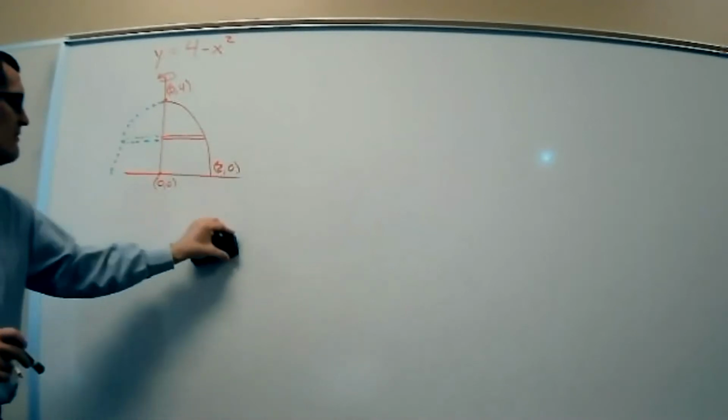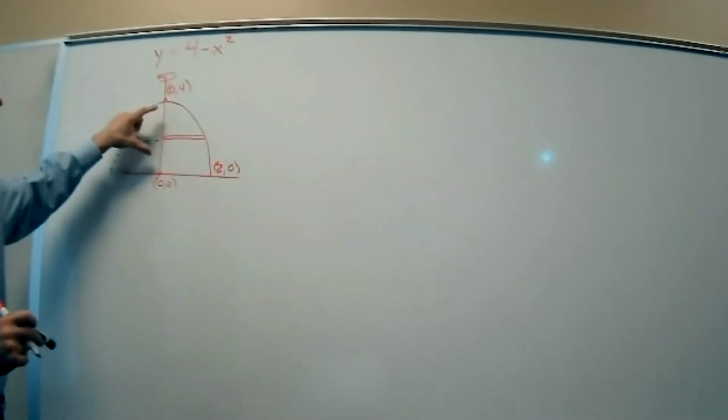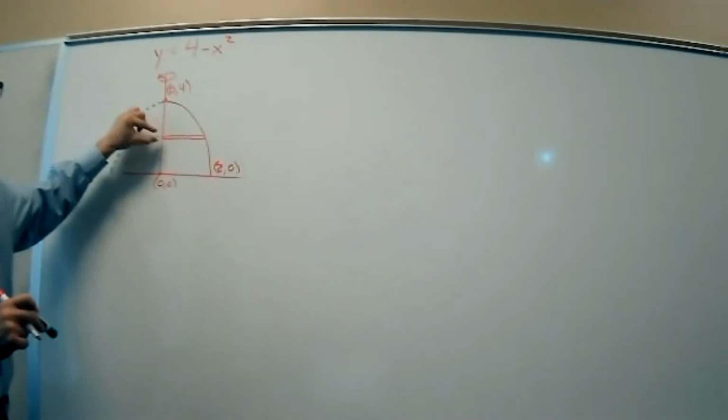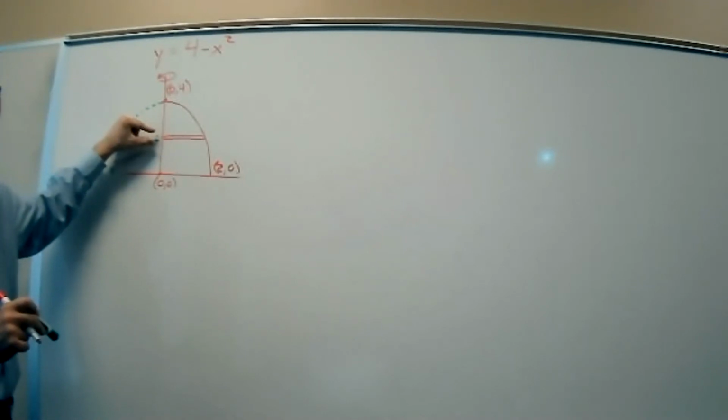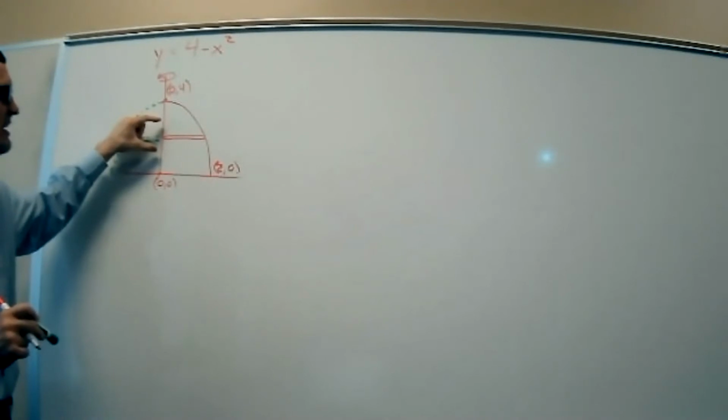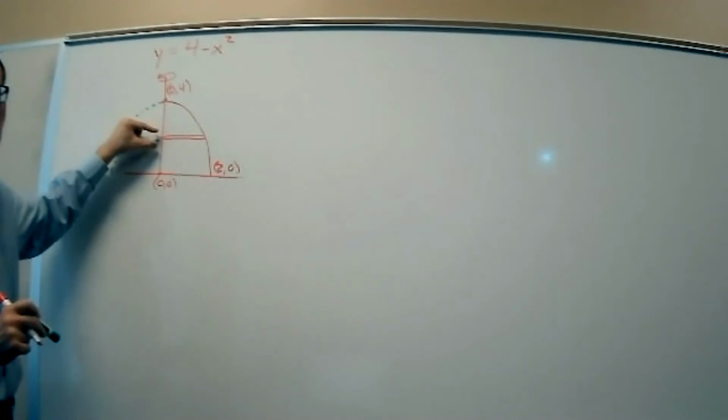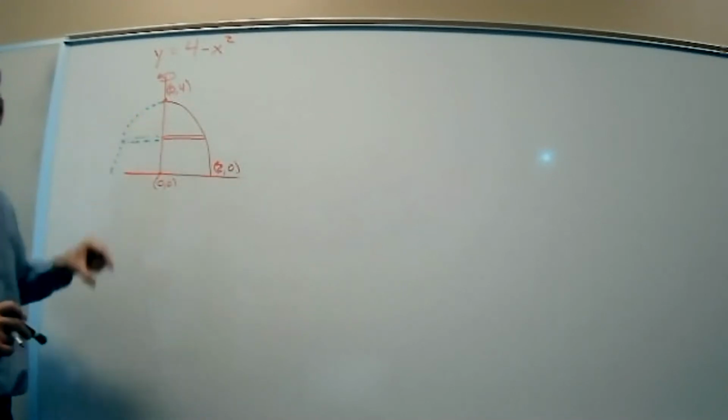So because I have the rectangles drawn this way, the width of those rectangles is going to be done with respect to x. As you get a wider rectangle, your change in x is going to be higher. As you get more and more narrow, your change in x is getting lower in the y direction.